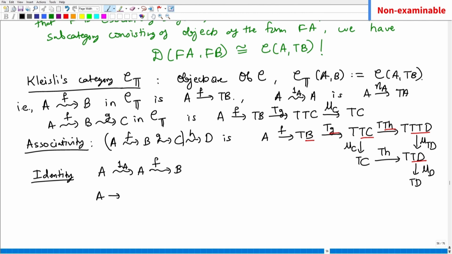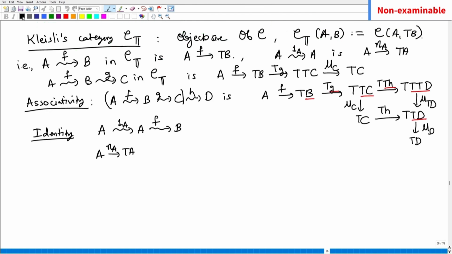You take A to eta A, this is to TA. Okay, so I'll just write it vertically, and then this is mu B to TB. Can I complete the first square?